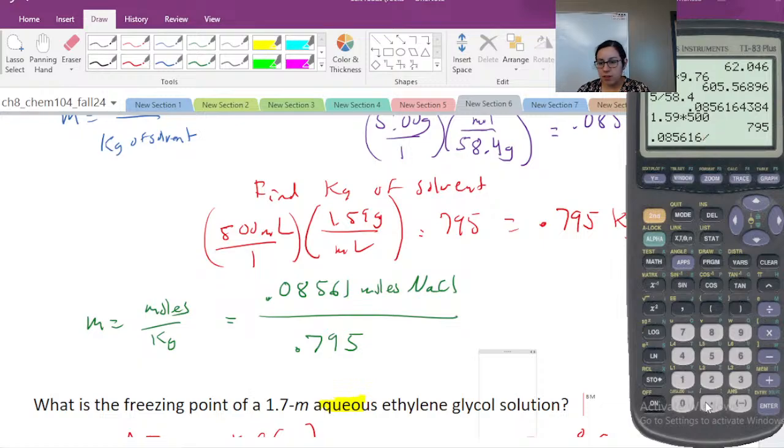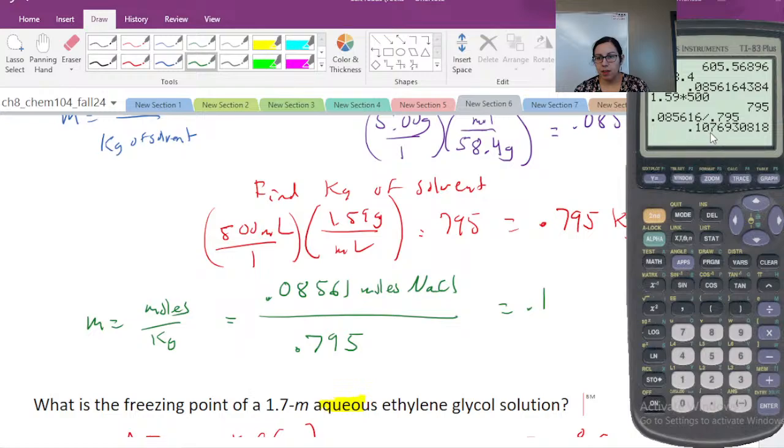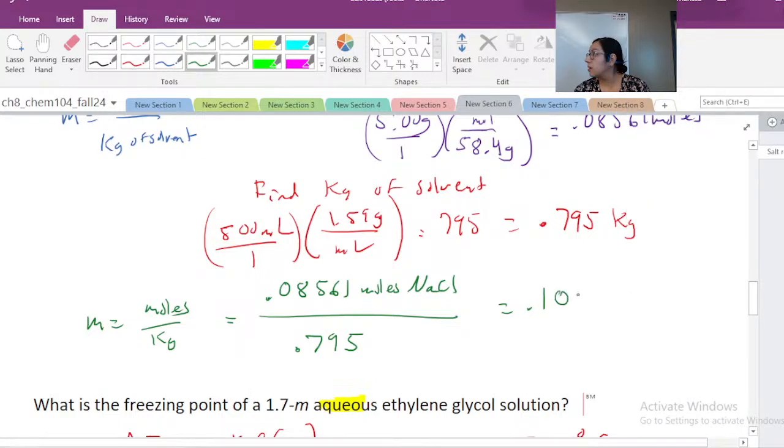Trying not to round till the end. All right, so now that's our molality. So 0.10. Wait, you got stuck there? That's everything else, I thought was the harder part.